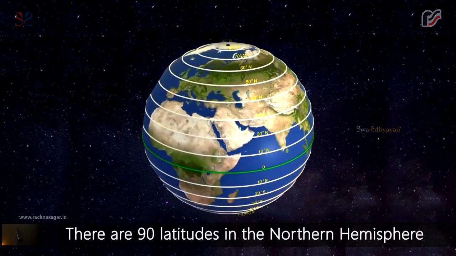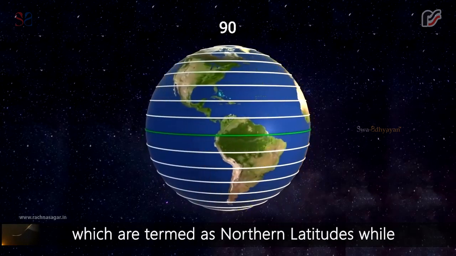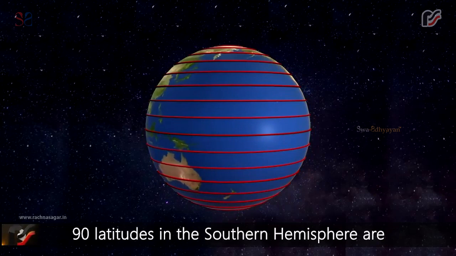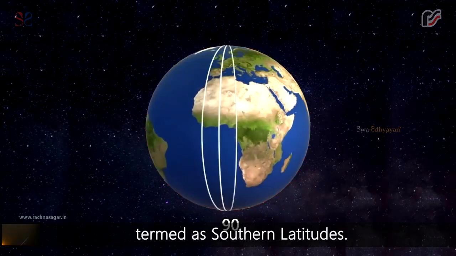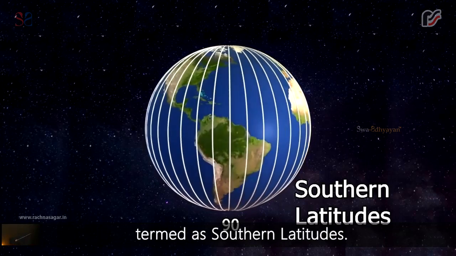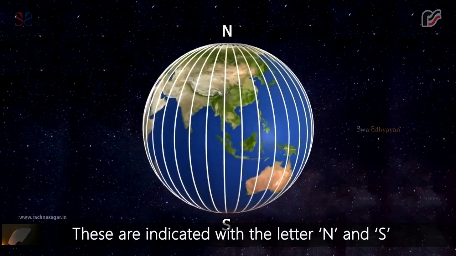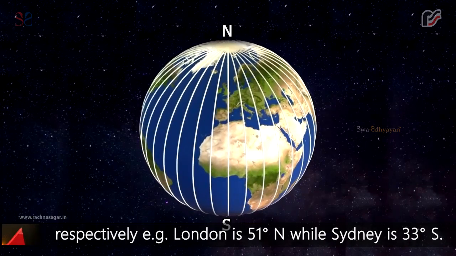There are 90 latitudes in the northern hemisphere, which are termed as northern latitudes, while 90 latitudes in the southern hemisphere are termed as southern latitudes. These are indicated with the letter N and S respectively.